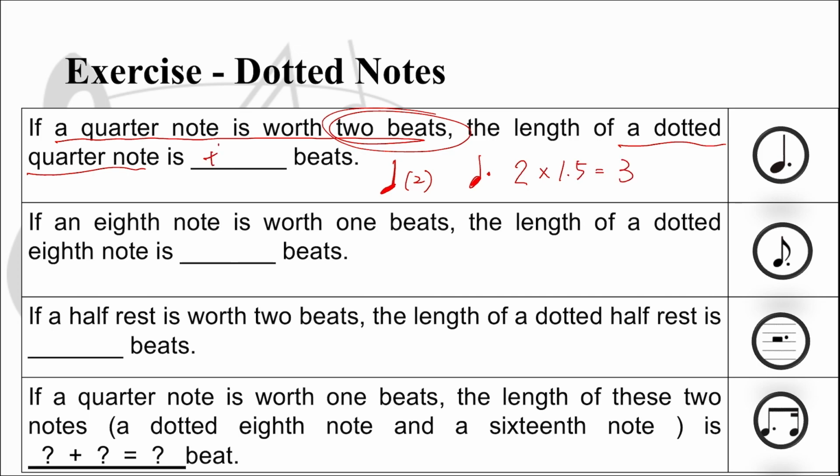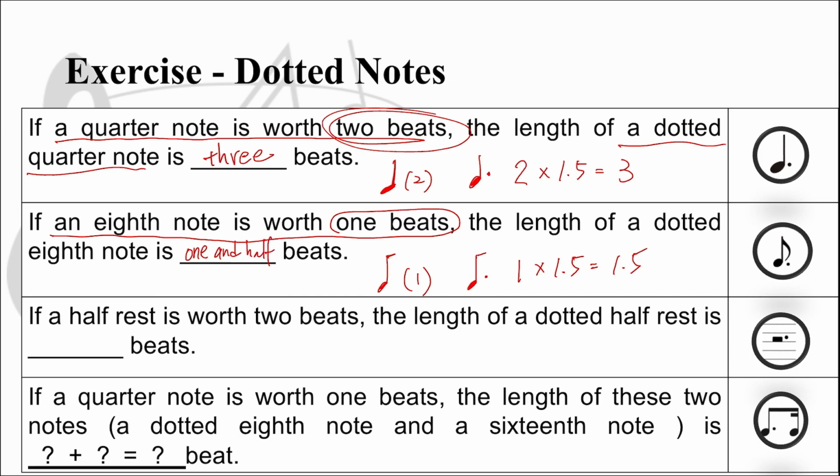Okay. And then an eighth note is worth 1 beat. Okay, there's no 1 beat. So this one should be 1 multiplied by 1.5. It will be 1.5.